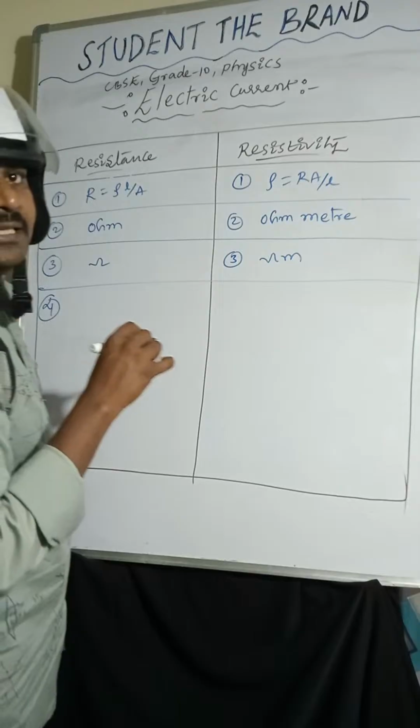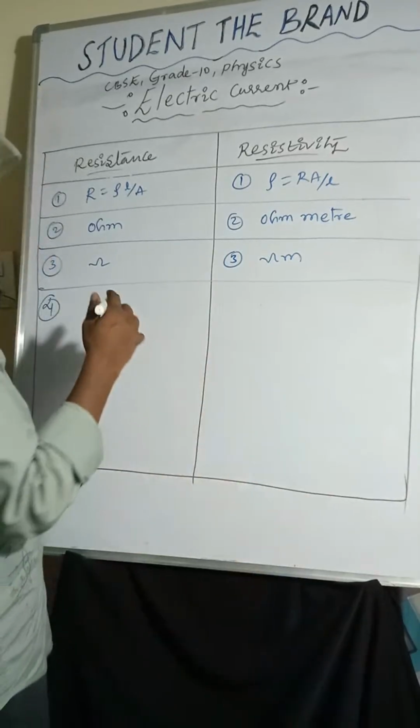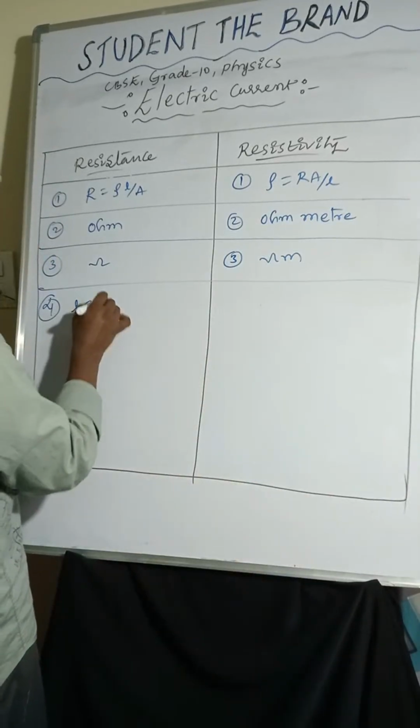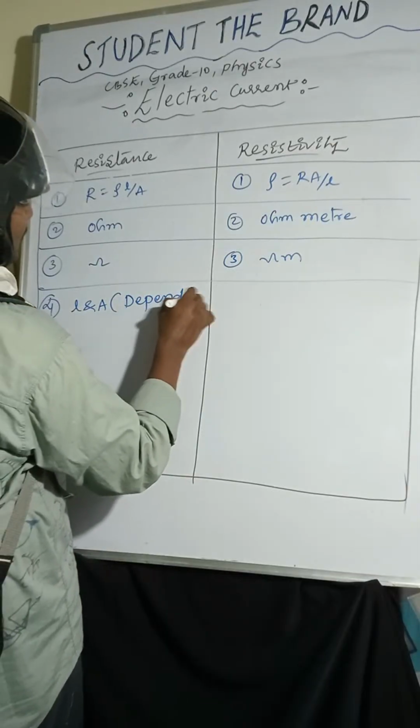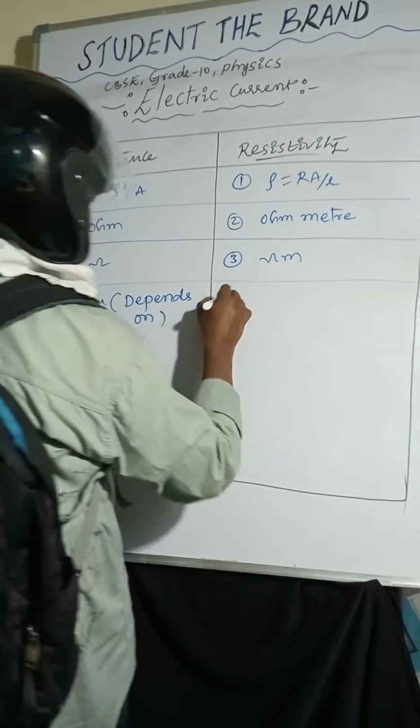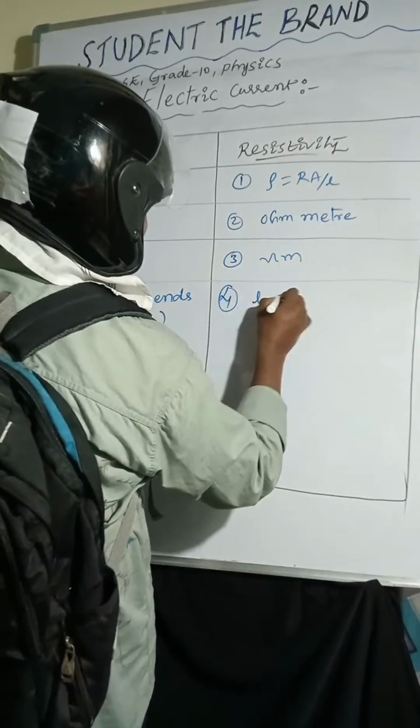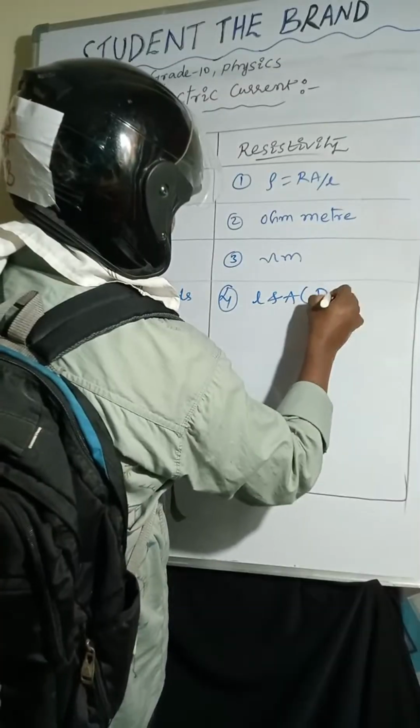resistance depends on the length of the conductor and area of cross section.